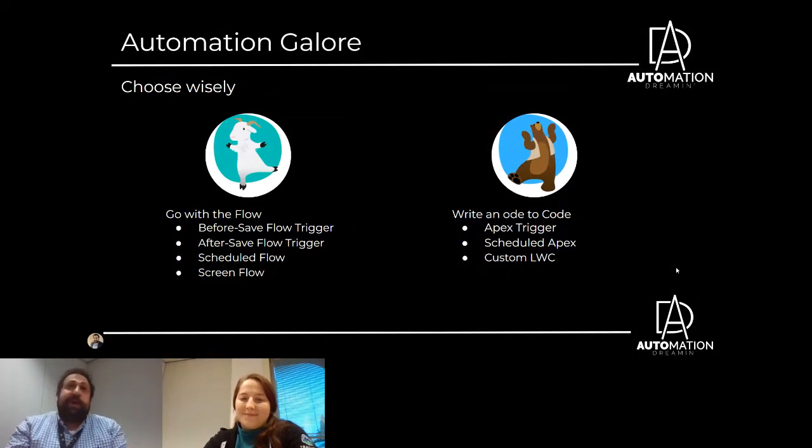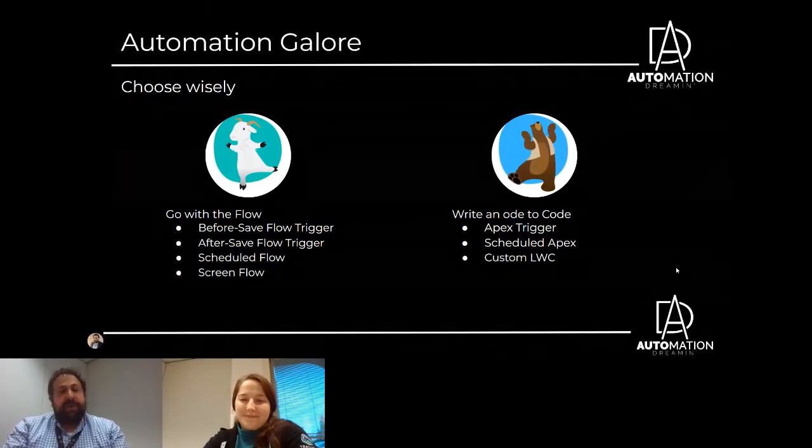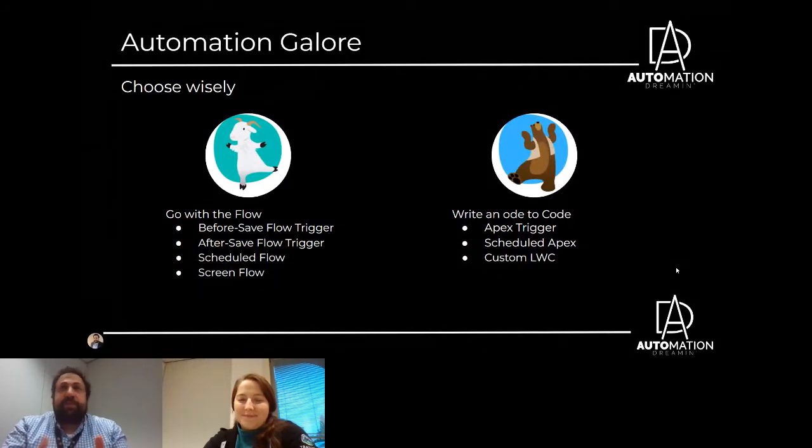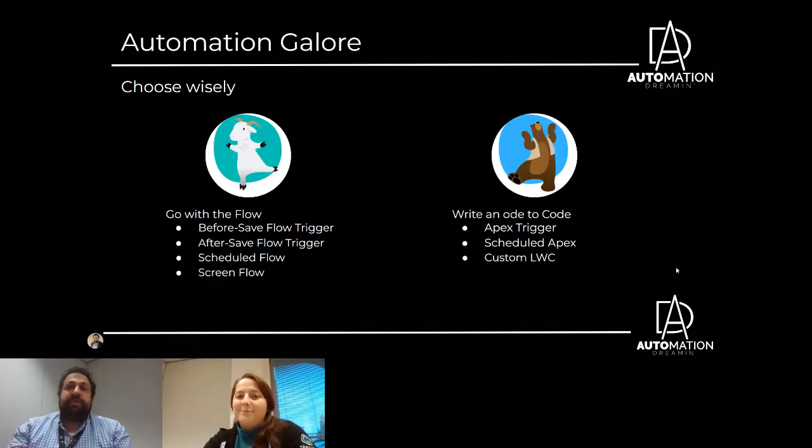In code, you have Apex triggers and custom Lightning Web Components. One major difference between the two, besides one being declarative and the other pro-code, is where the magic happens. Is it in the backend, or is it user facing?